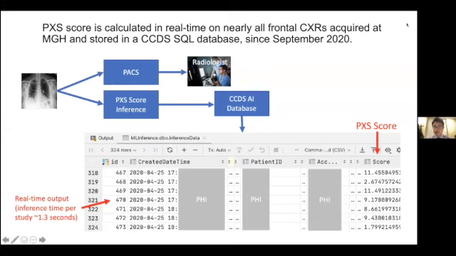And so every MGH chest X-ray performed since September 2020, so over a year now, has a PXS score assigned to it.